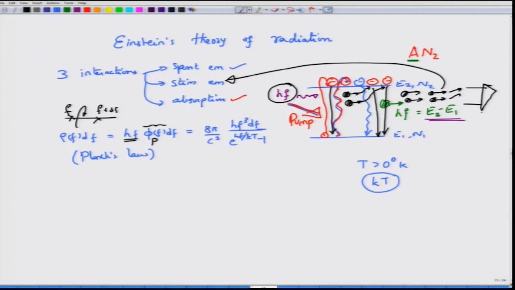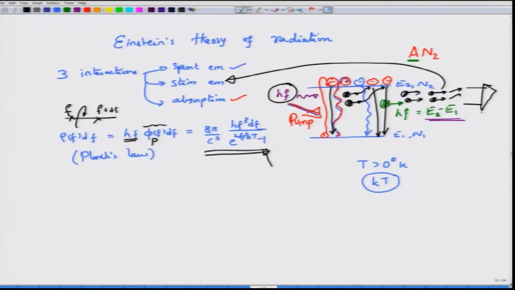So, this is the pump specifically, therefore I am writing this as phi p of f, and that in equilibrium, or for a black body radiation, is given by this expression, in the sense that when equilibrium is achieved, the radiation is quantized, and the quantized radiation is given by this particular expression.